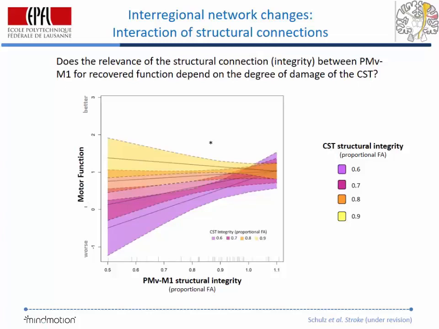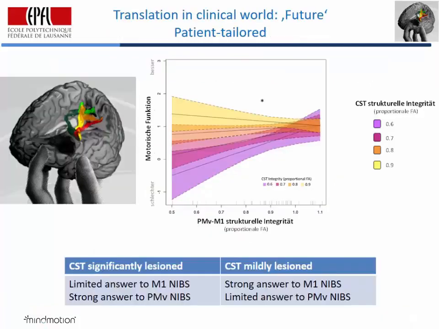So if you take this forward, you can basically make a model of patient tailoring, which has to be tested for sure, but you can develop this idea based on the data I showed you before from other groups: if the CST is mildly lesioned, then the chance that this patient responds relevantly to a combination of training with M1 brain stimulation is good, I think.